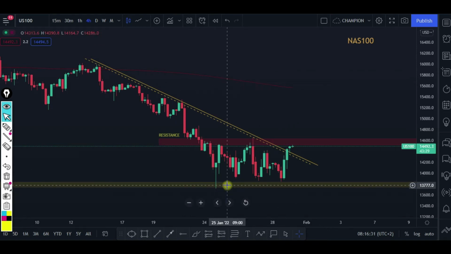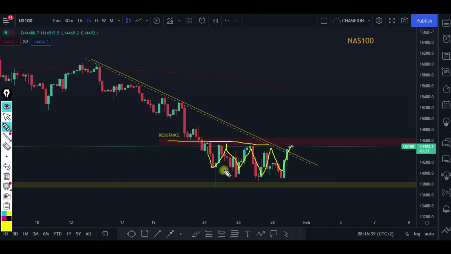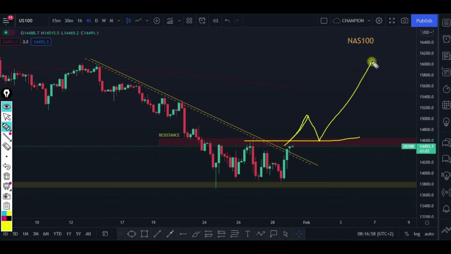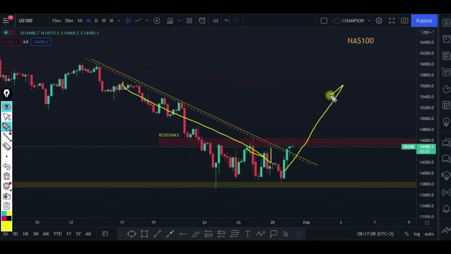The market has been moving like this to create a consolidation between this resistance and the support. For us to know that the market is about to push high, we just have to remember that if it breaks out of this resistance, it has to come back to retest and push high. That's when we will say the trend has changed. It's no longer the downtrend, but now it will be an uptrend.